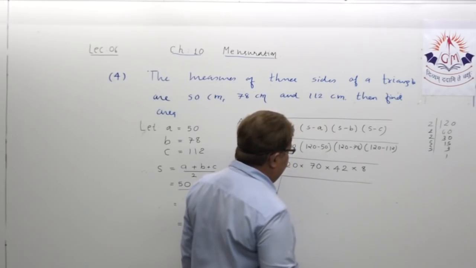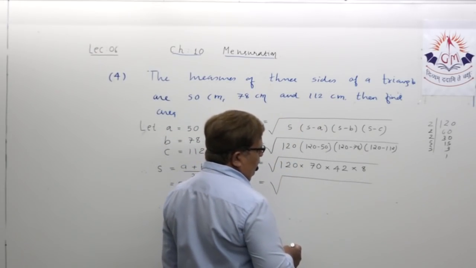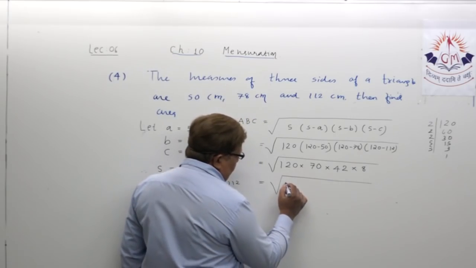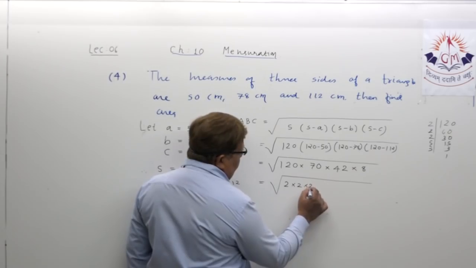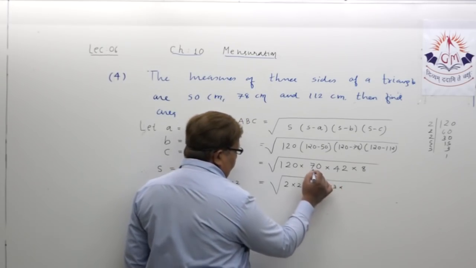You already found the prime factors of 120: 2 into 2 into 2 into 5 into 3.